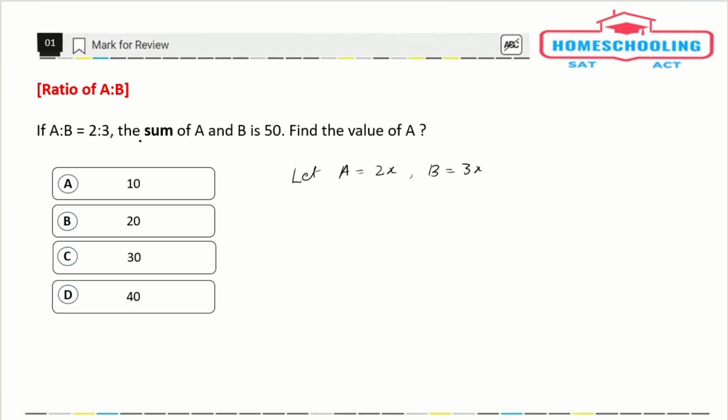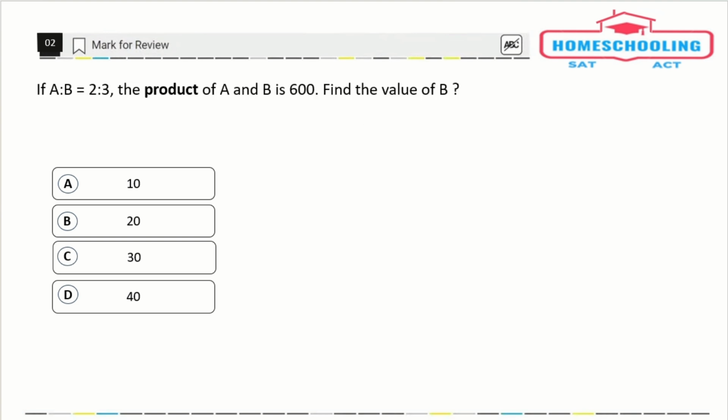The question says that the sum of both, 2x plus 3x, is equal to 50. So 5x would be 50, x would be 50 by 5, that would be 10. So we can say that A is 20 and B is 30. We have to find the value of A, so option B would be the correct answer.